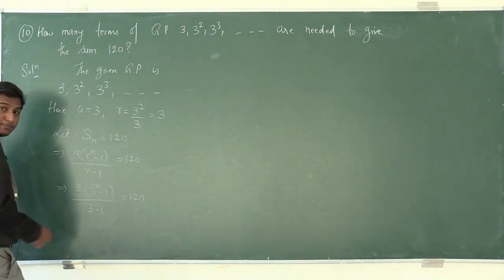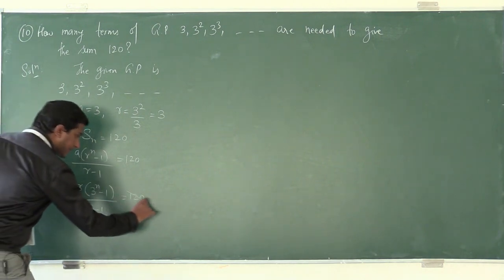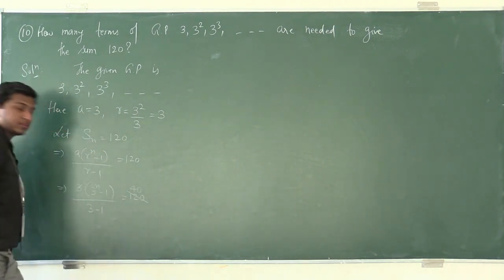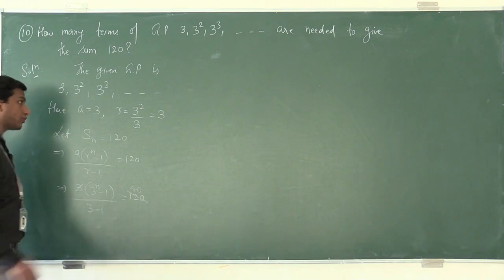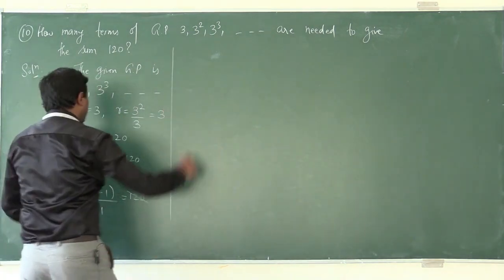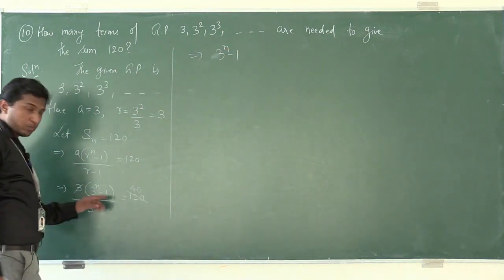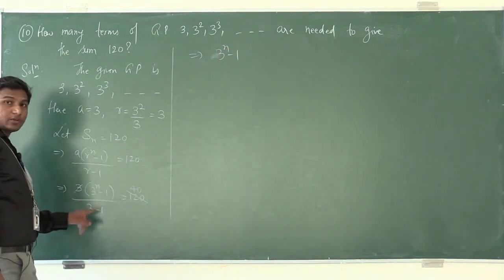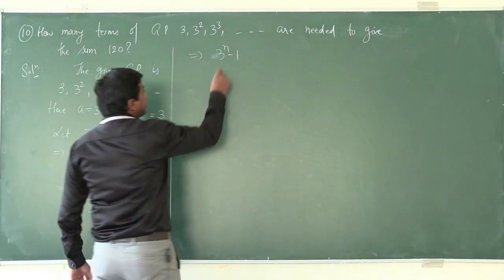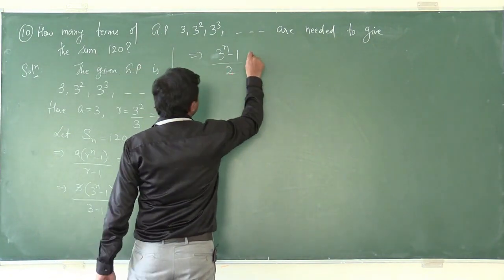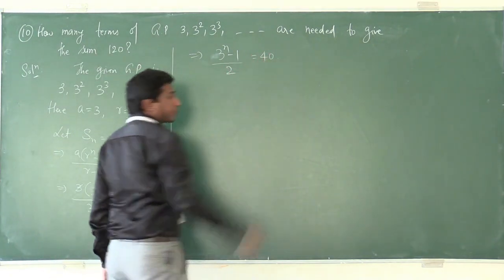On further simplifying, 3 ones are 3, 3 fours are 12, 3 zeros are 0, so 40. We get 3 power n minus 1 divided by 3 minus 1, which is 2, divided by 2 equals 40.